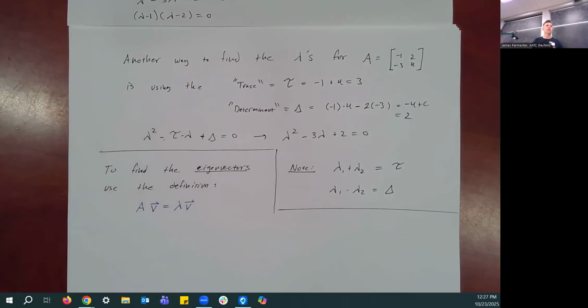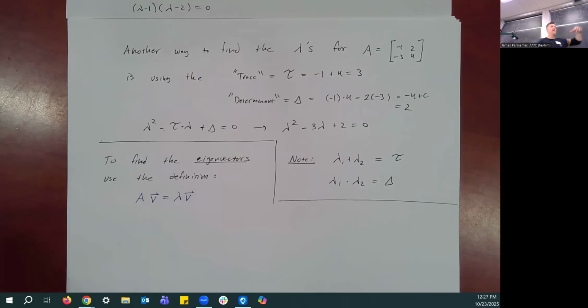Here's what this really means. To be an eigenvector of a matrix, what that means is that when you multiply the matrix by the eigenvector, the result still points in the same direction.